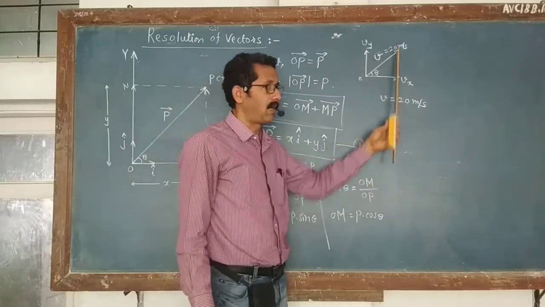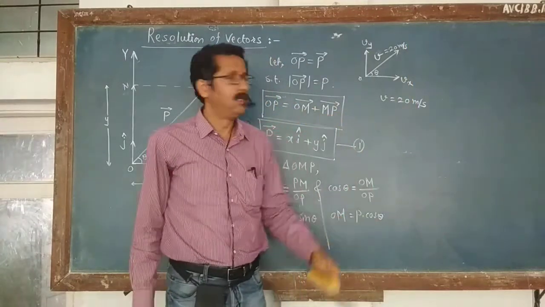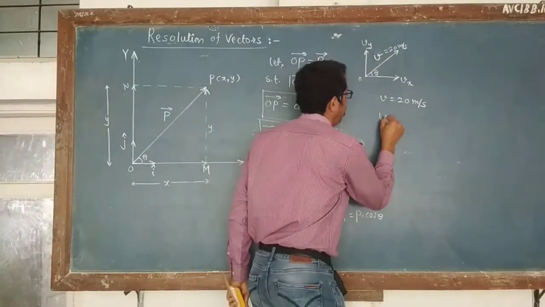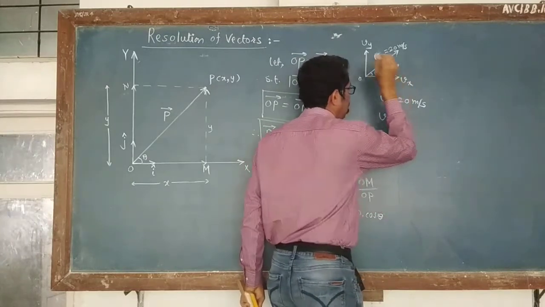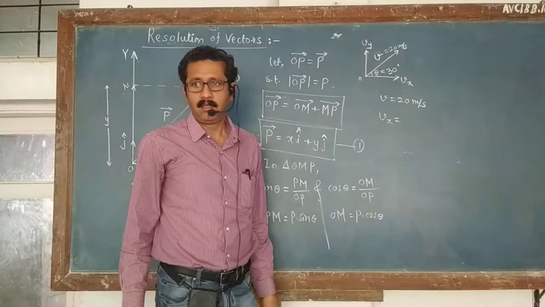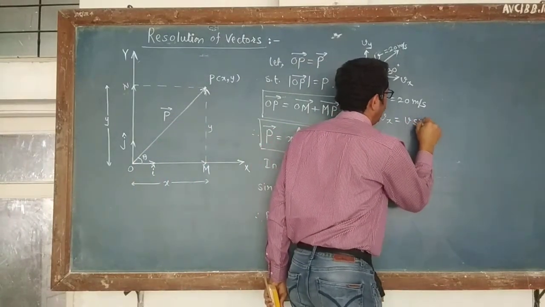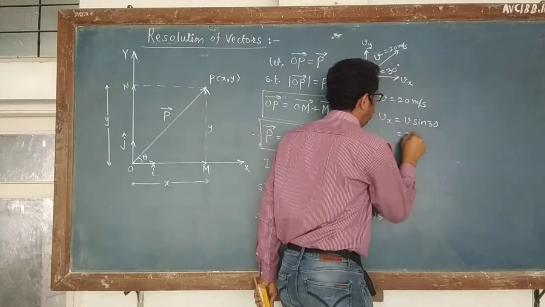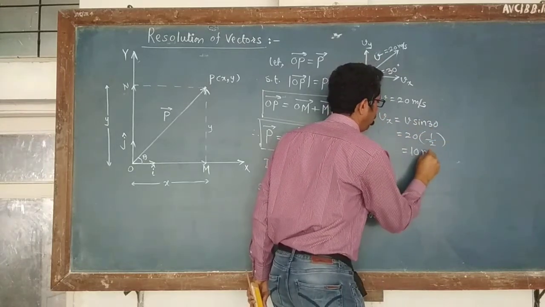Whereas this vertical becomes its opposite component, and opposite means sine ratio. So you have your Vx value is equal to, if theta is equal to 30 degree, I am assuming, then this Vx is equal to V sine of 30, which is 20 multiplied by sine 30, which is half, so it is 10 meter per second.